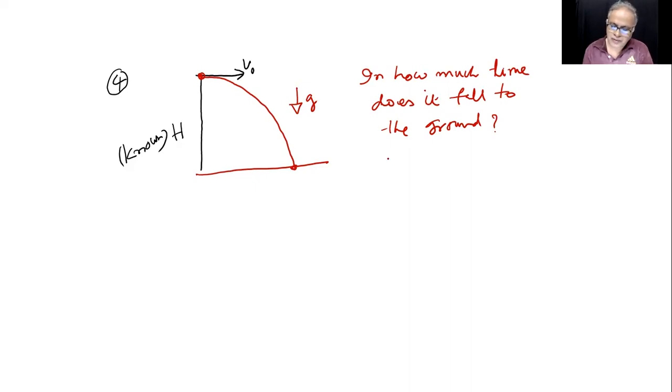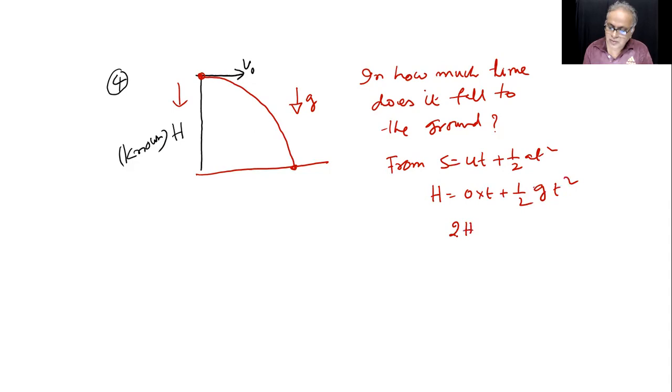So from AC equals UT plus half AT square, I can say H is the displacement. U is 0 plus half. G is also down, H is also down. So both will have same signs. G T square. So if you simplify, 2H by G under root is equal to T.